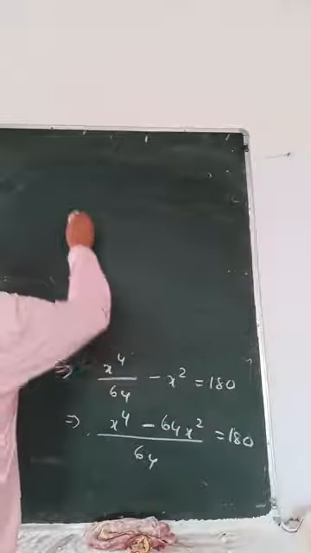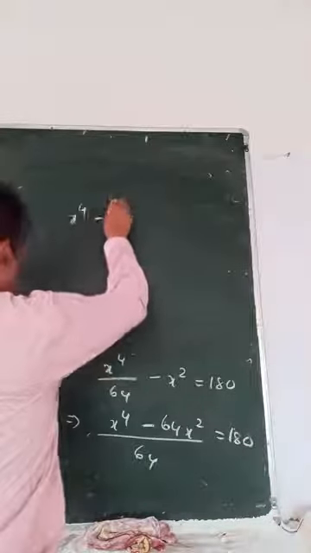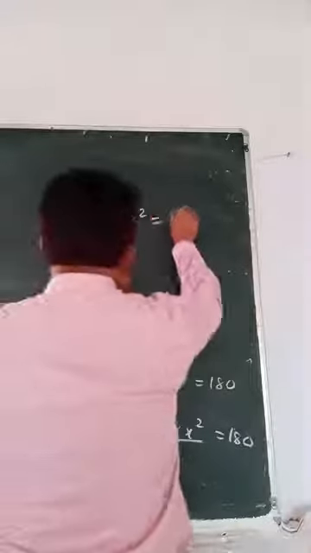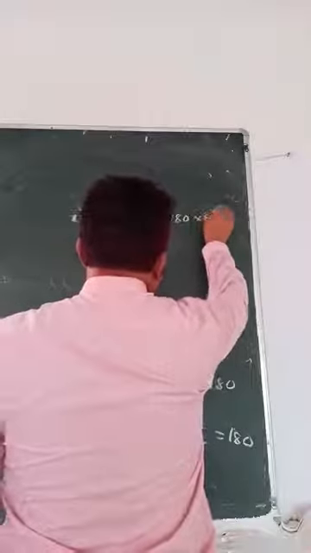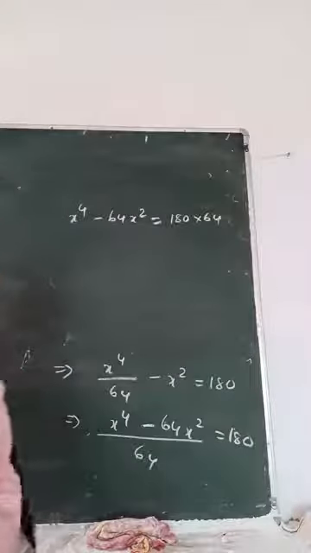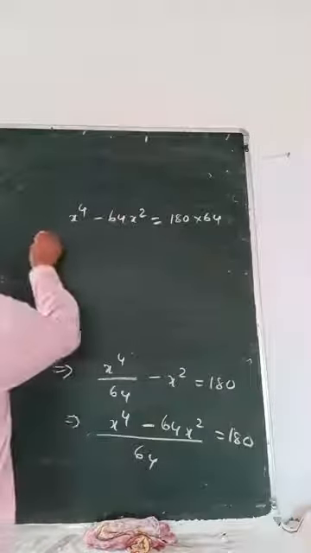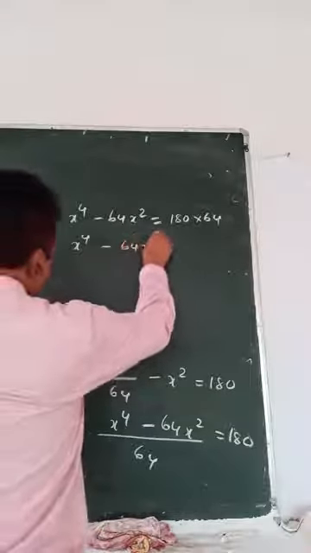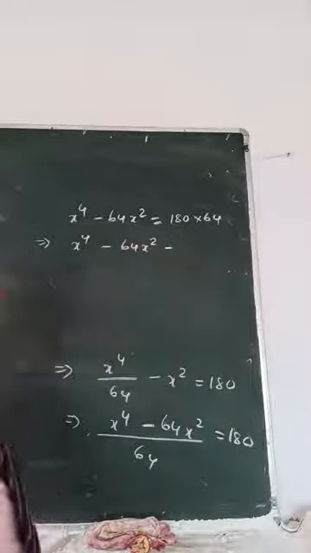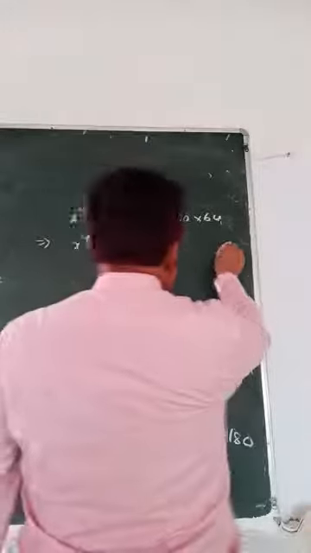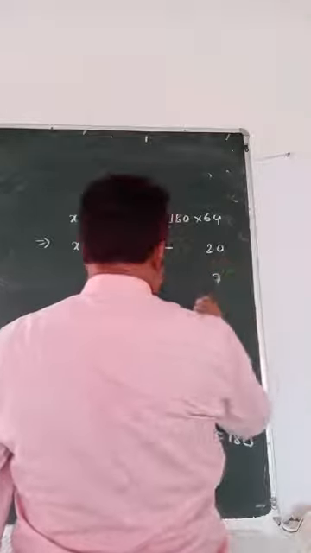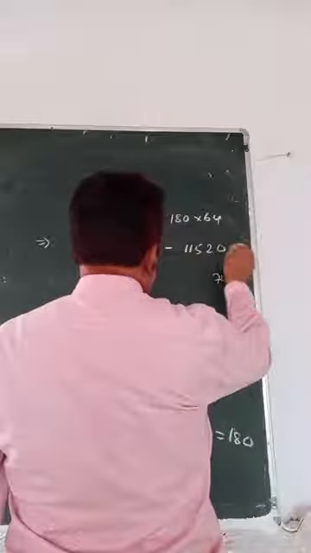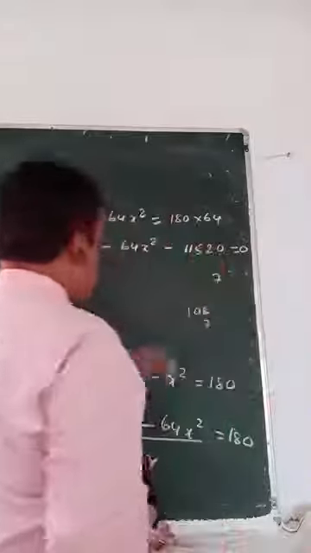So x to the power 4 minus 64x square equals 180 into 64. Take this number to this side, minus 11520 equals 0.